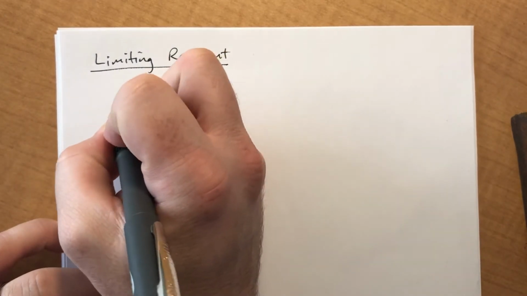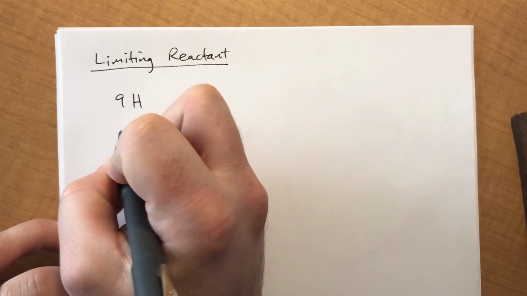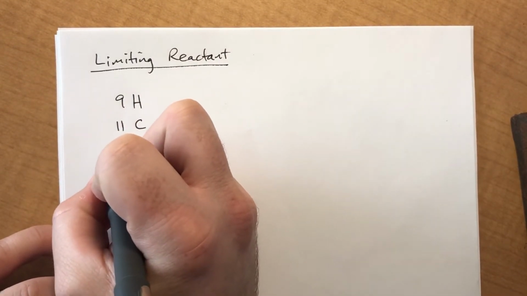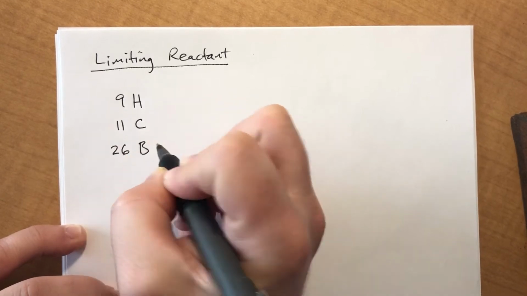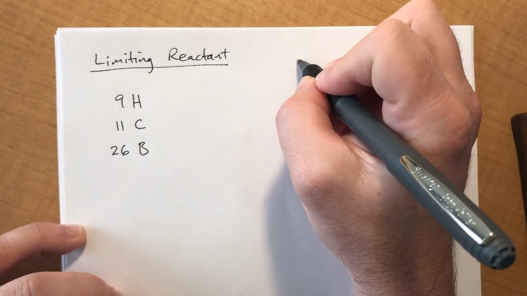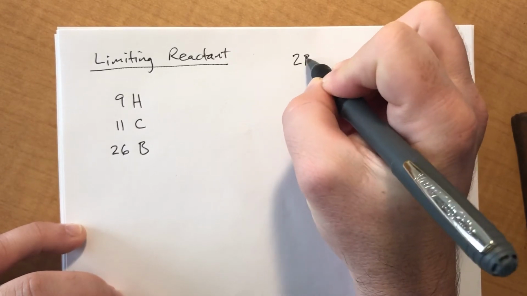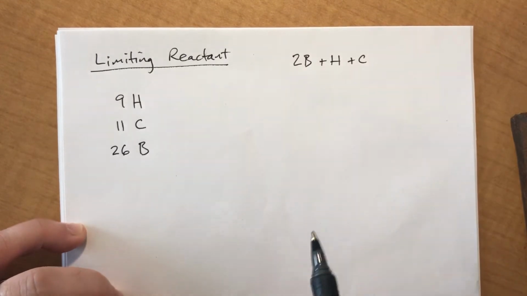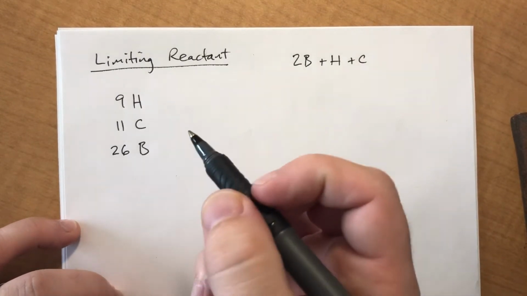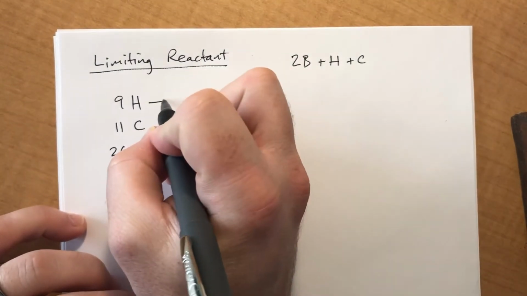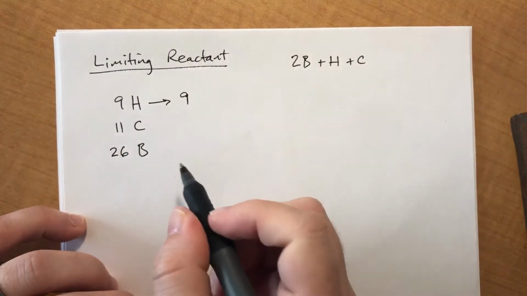So let's say we have 9 pieces of ham, 11 pieces of cheese, and 26 pieces of bread. Okay, and our definition of a sandwich is 2 pieces of bread, 1 piece of ham, and 1 piece of cheese. Really boring, simple sandwich.